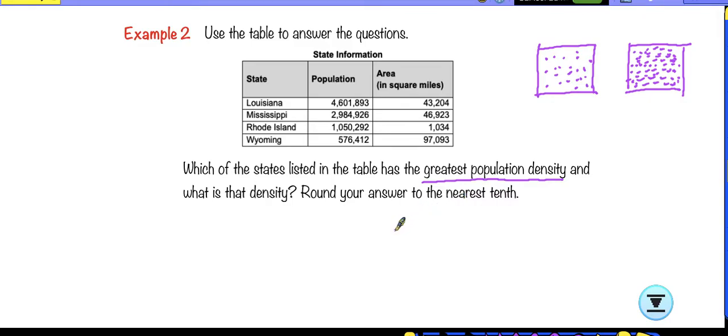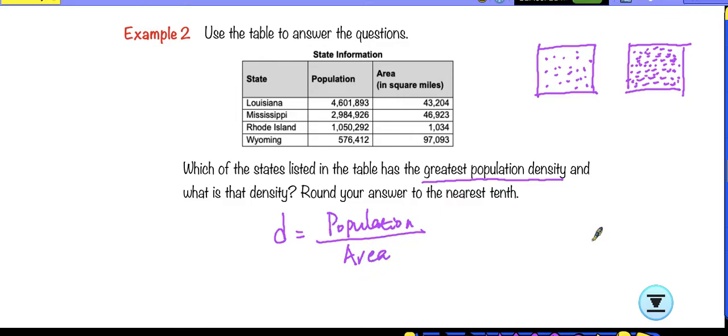In order to find it, since we need to find the greatest one, we are going to find the density of each state, and then compare. Let me quickly show you. The population density, we still use density here, is the population divided by the area.